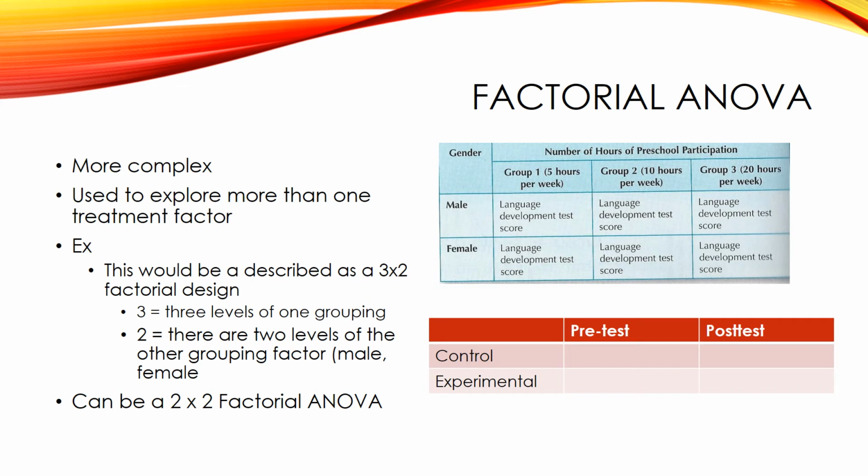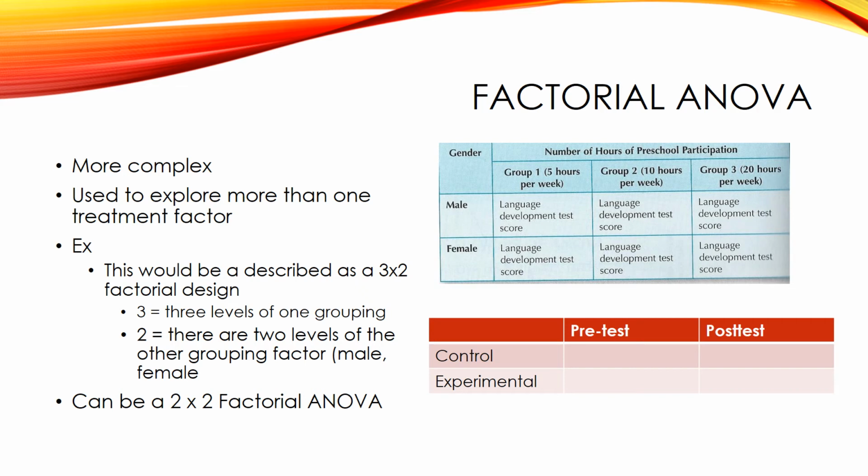Now we're splitting it male versus female. All right, and now we've just added a treatment factor, male and female. You could map this out as a 3 by 2 ANOVA, where there's 3 levels of one grouping, and then 2 levels of the other grouping, and that's male versus female.